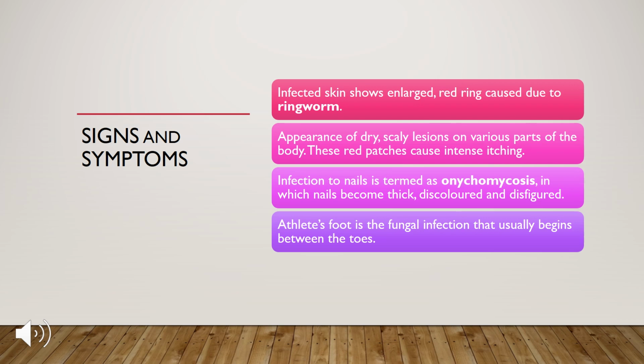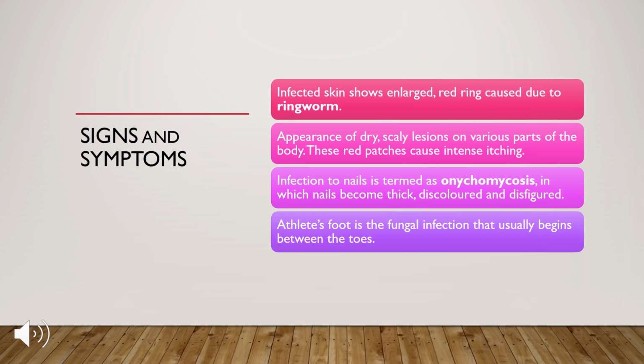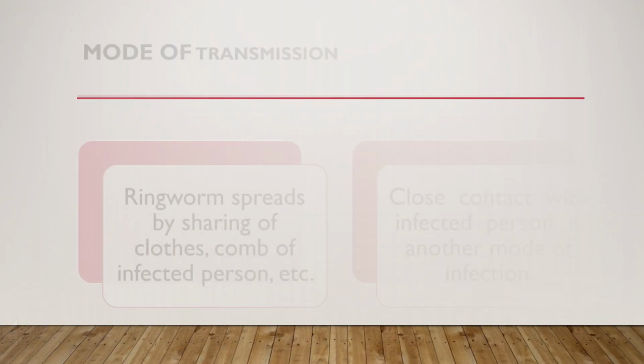Athlete's foot is a fungal infection that usually begins between the toes. This fungus affects the various parts of your body where keratin protein is present, either the nail, hair, or skin. It causes itching, inflammation, and damages the skin in that part.